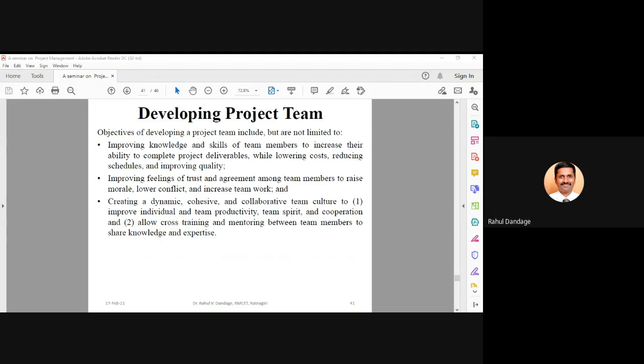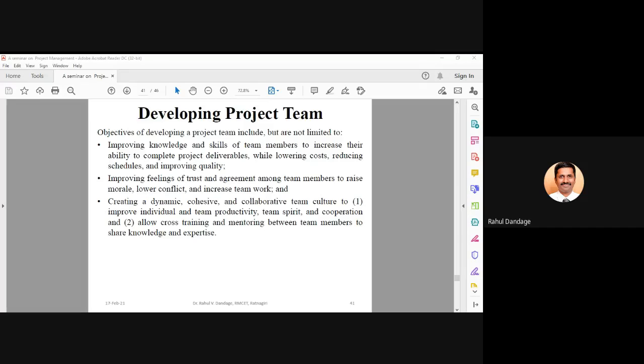Sometimes people will be very good at work, they may have a positive attitude and hard working capabilities, but they need certain knowledge, certain information, some knowledge upgradation about the technology which is going to be used in the project. So improving the knowledge of team members is essential. And also certain skills which are required for a specific project need to be improved.